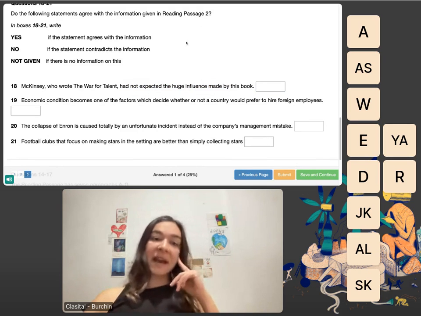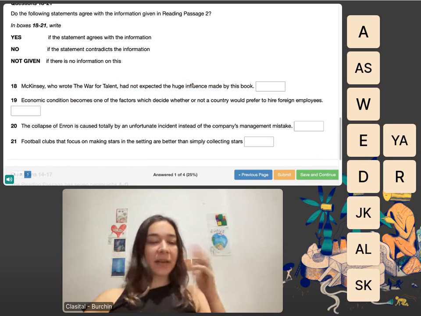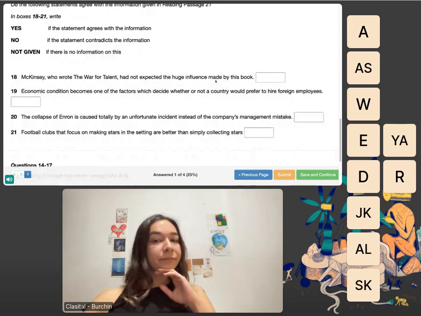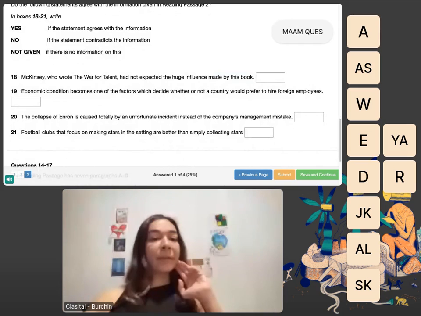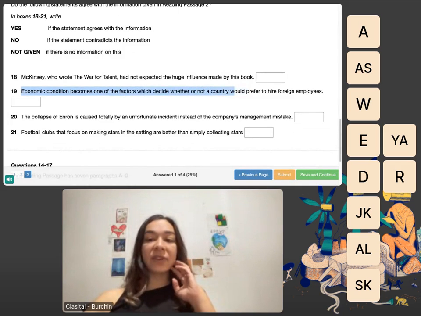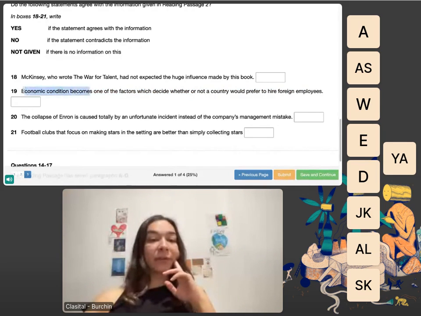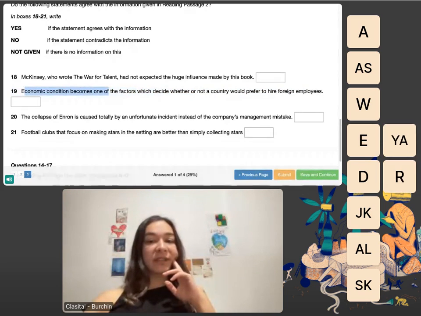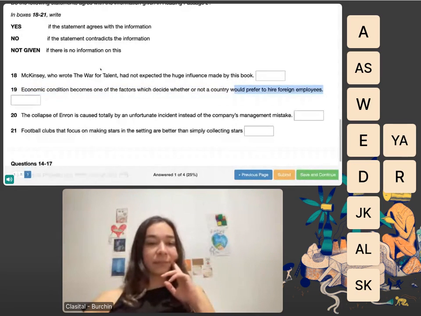Keep in mind, had not expected. Okay. Economic condition becomes one of the factors which decide whether or not a country would prefer to hire foreign employees.